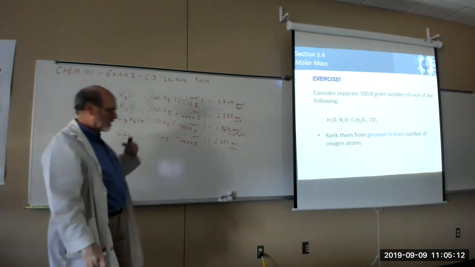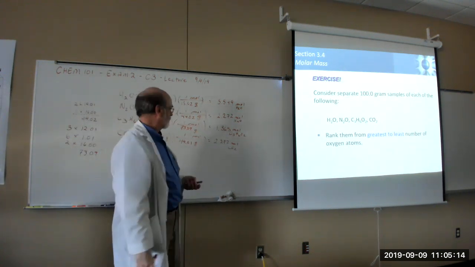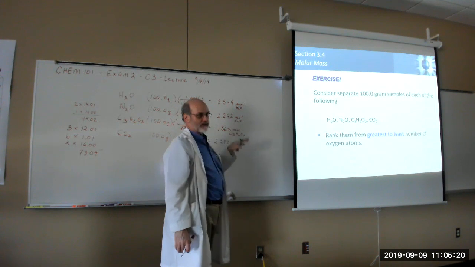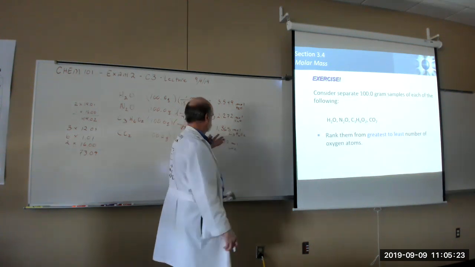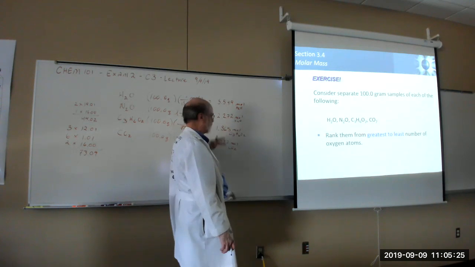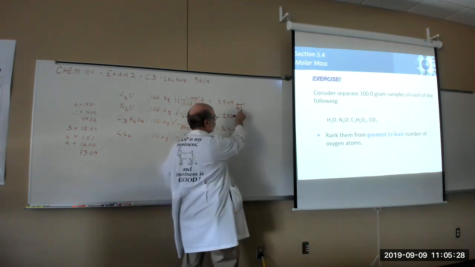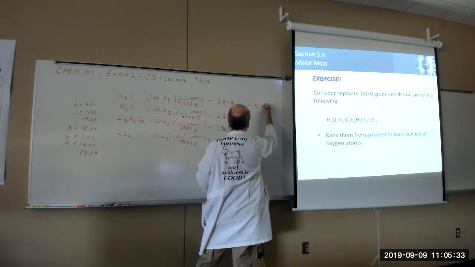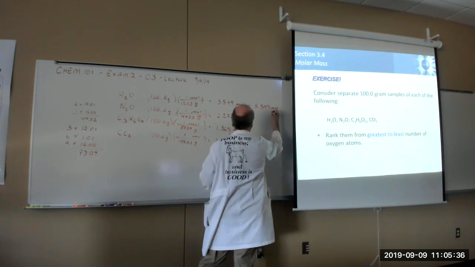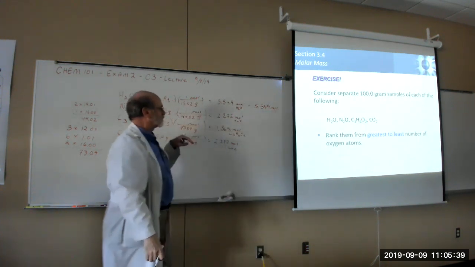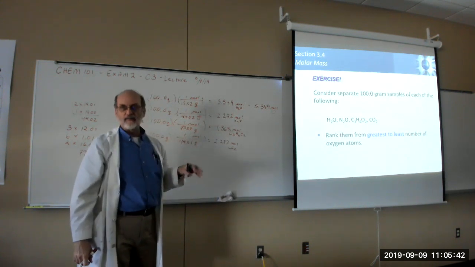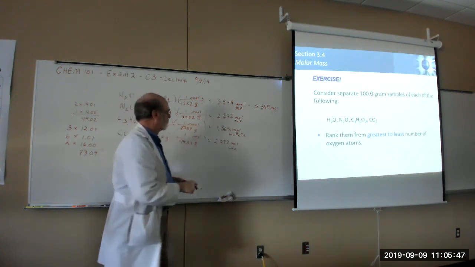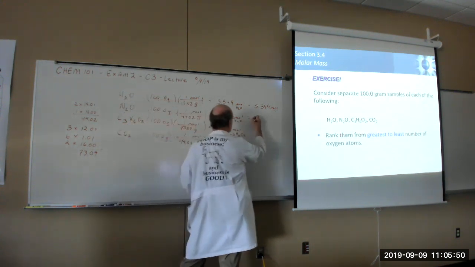Now, the number of oxygen atoms. If you have this many moles of the molecule, how many moles of oxygen atoms do you have? Well, it's different for each one. Well, actually, the same for these two and the same for those two. This one only has 1 oxygen for each one, so it has the same number of moles of oxygen as the compound, because they're 1 to 1. This one's 1 oxygen per molecule.